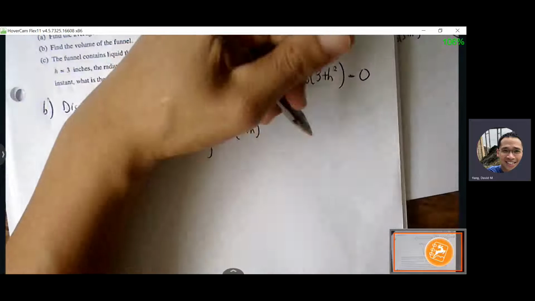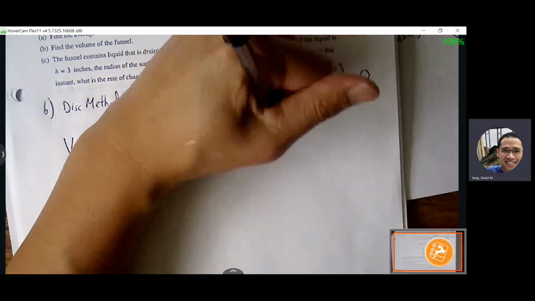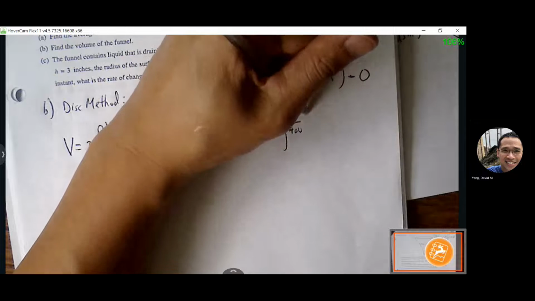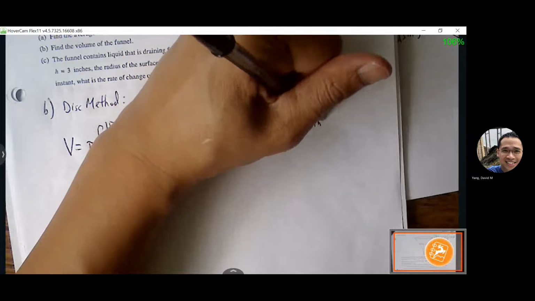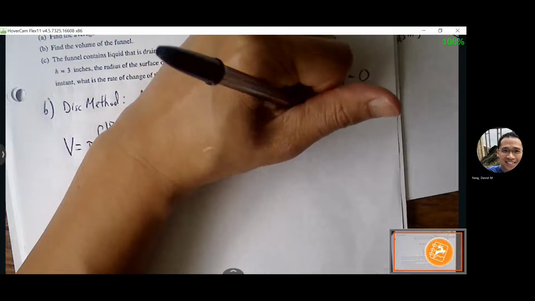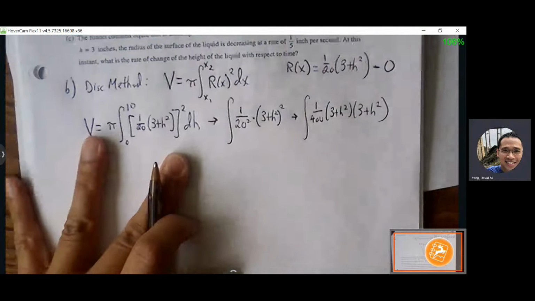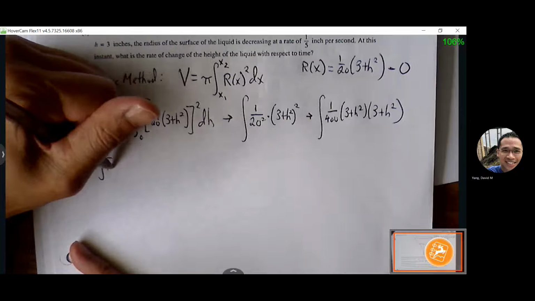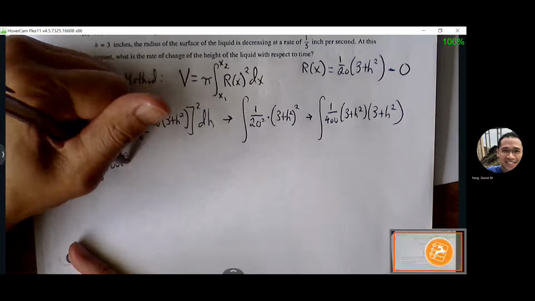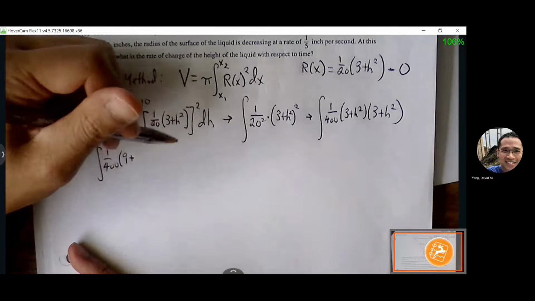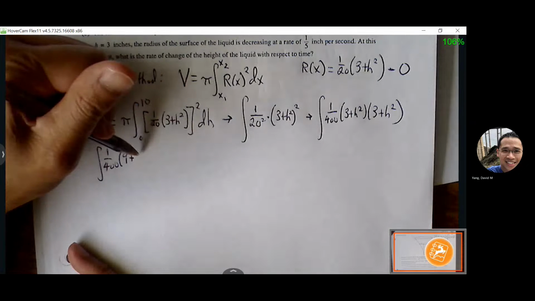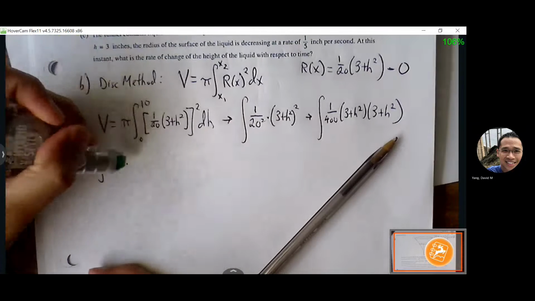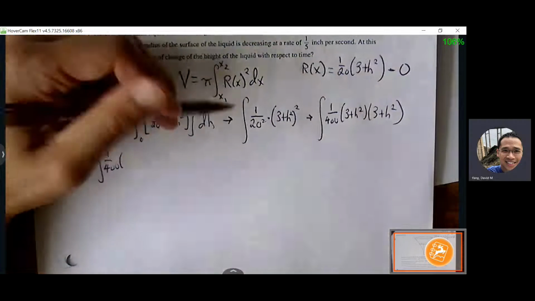So I'm going to FOIL all this out here and then just do power rule for all of these. Going to put it in descending order here.